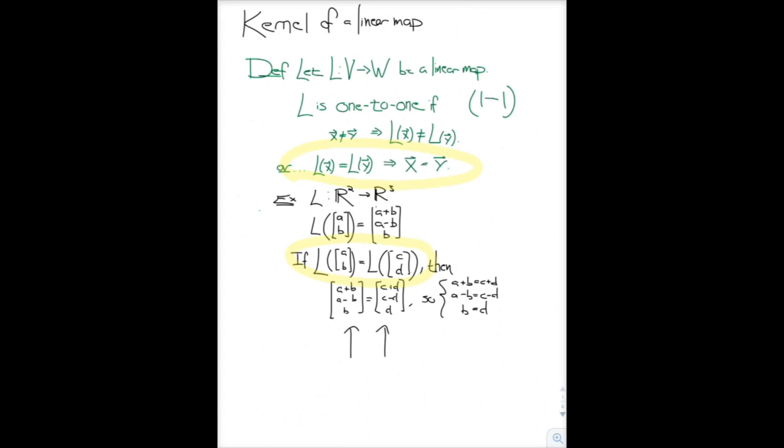And equating these two vectors gives us the following linear system right here. And then if you solve this system, I'll let you solve it, you can immediately see that b is equal to d. And then if you substitute b equals d into either of the first two equations, you can obtain a is equal to c as well. And so under the assumption that L(a, b) equals L(c, d), you can show that (a, b) must be equal to (c, d), and hence this map L is one-to-one.